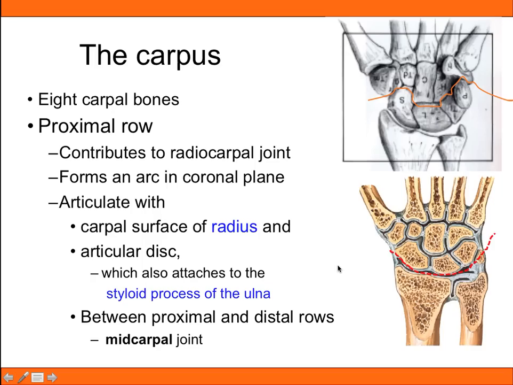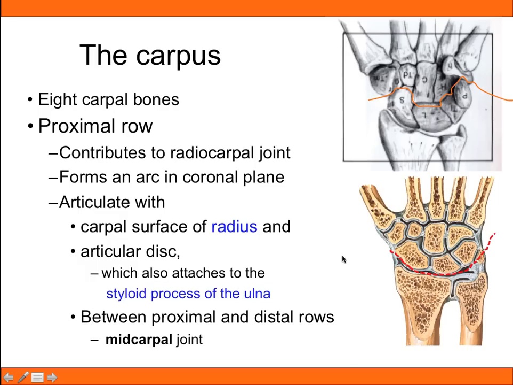You might also see this being referred to as the triangular fibrocartilage complex. Now, I particularly like the triangular fibrocartilage complex because it tells you what it is. It's triangular, it's made up of fibrocartilage, and it's complex. Brilliant. So you might see this joint referred to as the ulnocarpal joint, or you might see it referred to, and this is more so clinically, as the ulnar meniscal triquetral joint.